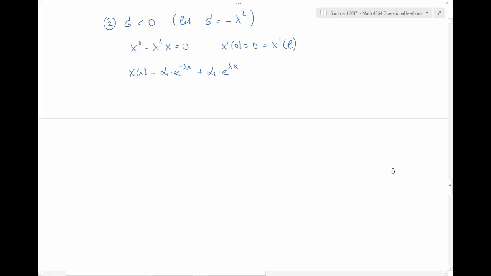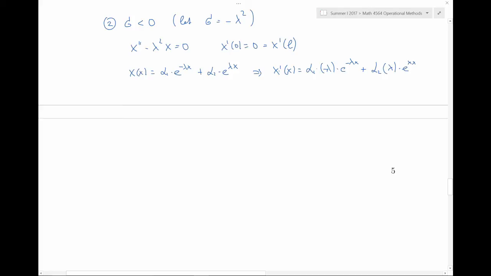Plugging in boundary conditions, we get that X prime of x is simply alpha 1 times minus lambda times e to the minus lambda x plus alpha 2 times lambda times e to the lambda x.